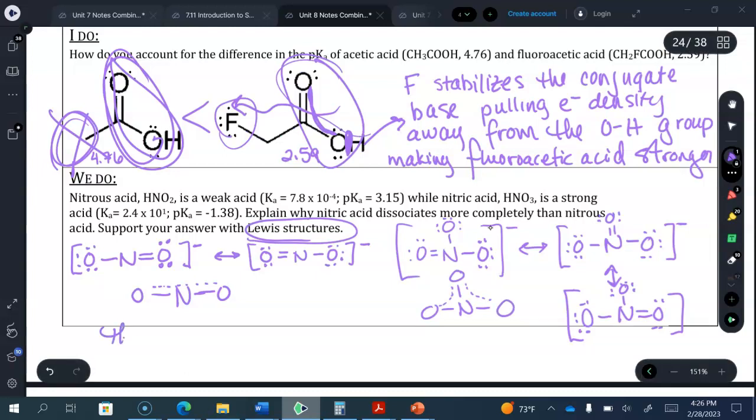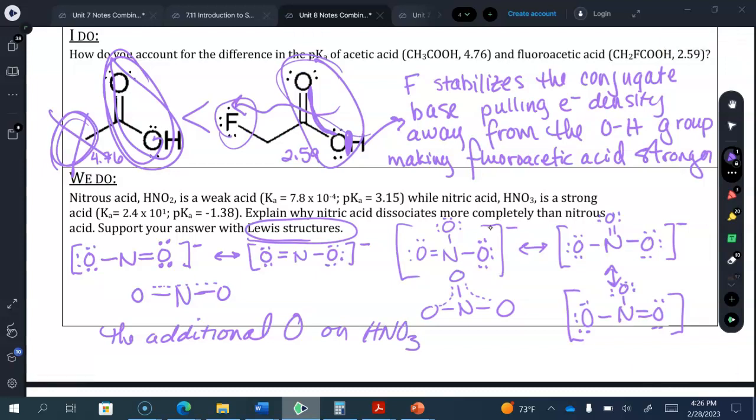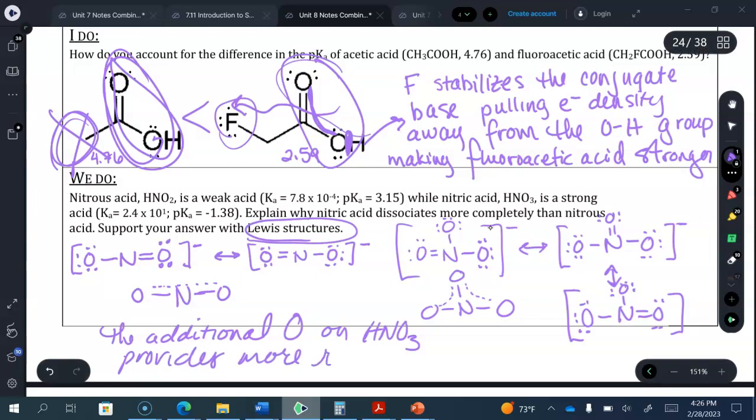So the additional oxygen on nitric acid provides more resonance, which stabilizes the conjugate base more. Okay.